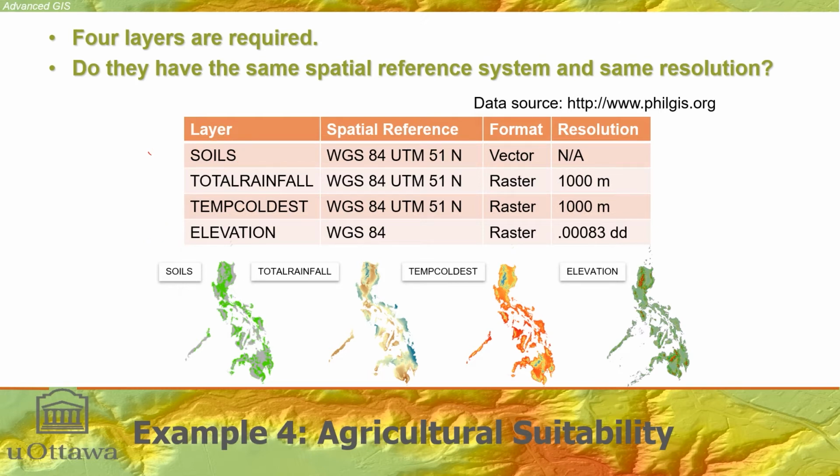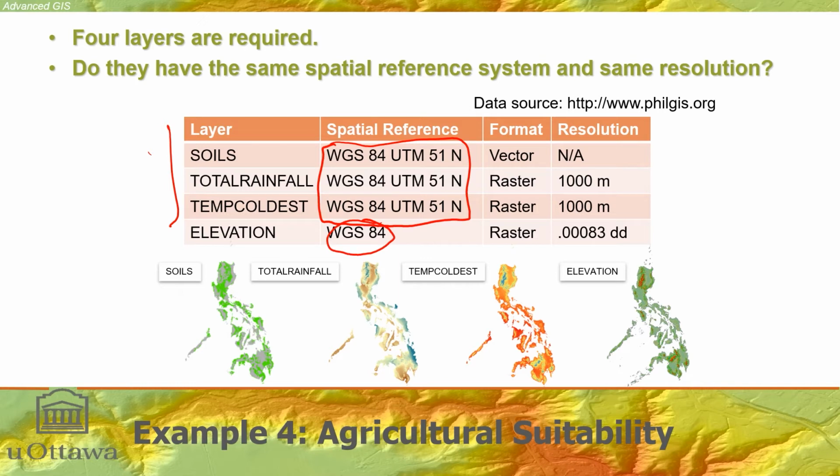So we make a little table like this just to see what we're working with. So we list our layers and then the spatial references for each layer. The first 3 are in the same spatial reference or coordinate system. The last one is not. So most of them are in WGS 84, World Geodetic System 84, UTM 51 North.